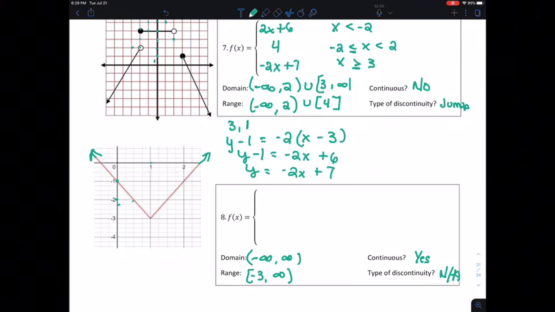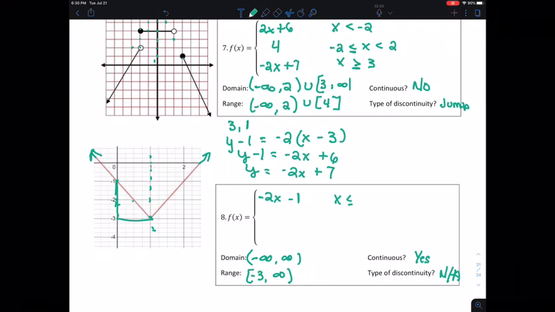So we went down 2 and over 1. Went down 2 and over 1. We rose 2 and ran 1. So my slope is -2x. My y-intercept is -1. And it's broken up at x equals 1. So this happens when x is less than or equal to 1.